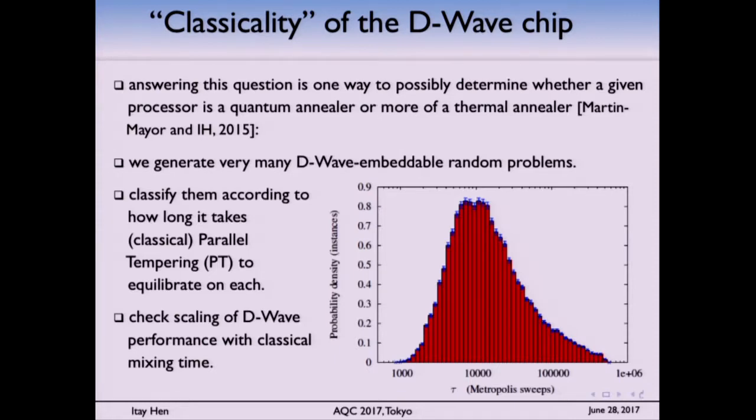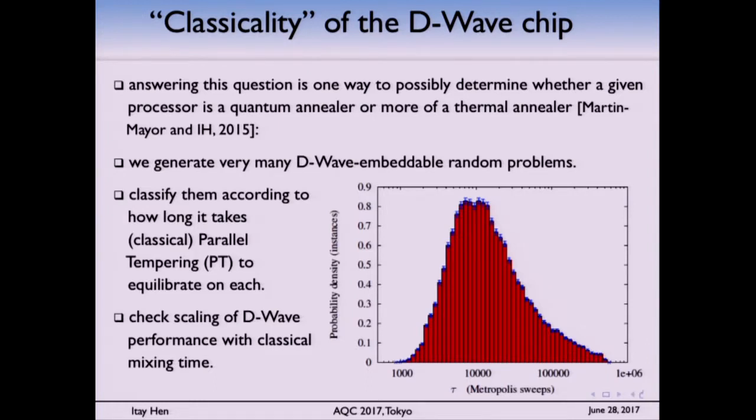Many instances had very low mixing times, meaning they were classically easy, most of them had a medium size mixing time, but some problems had a very long mixing time, and so we were able to find sort of 5 orders of magnitude of mixing times with different probabilities of occurrence. We took 100 instances from easy problems, 100 instances from slightly harder problems, 100 instances from yet harder problems, and 100 instances from really hard problems.